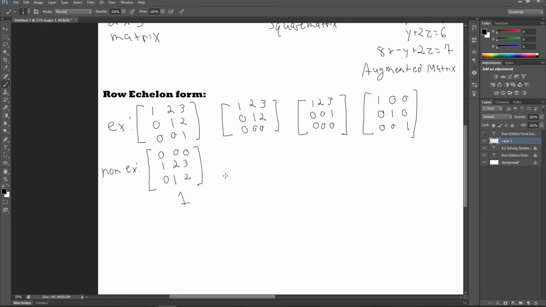This is 1, 4, 2, 3, 0, 0, 1, 0, 0, 0. This is number 2. 0, 0, 1. This one was number 4. 1, 2, 3, 0, 1, 2.